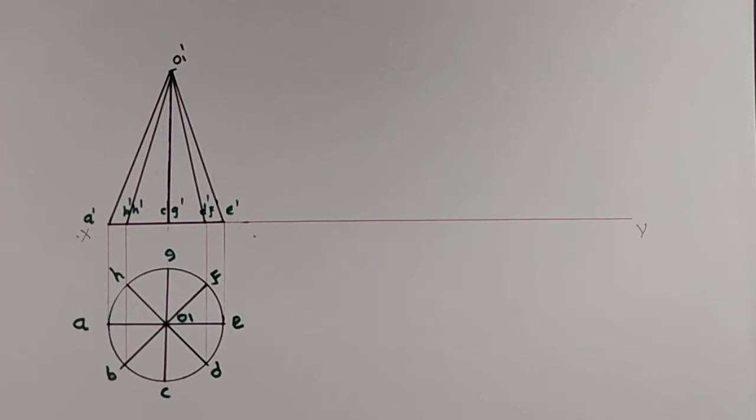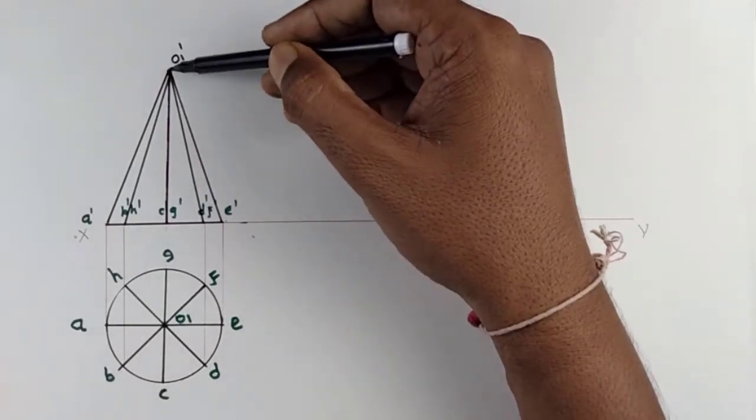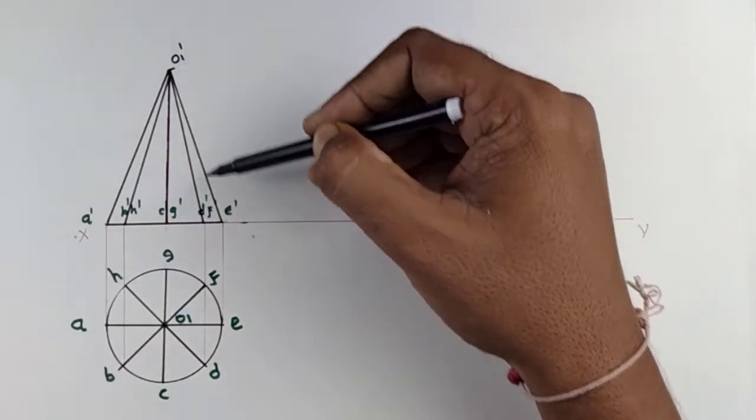Now the generator O1 dash E dash is resting on HP.